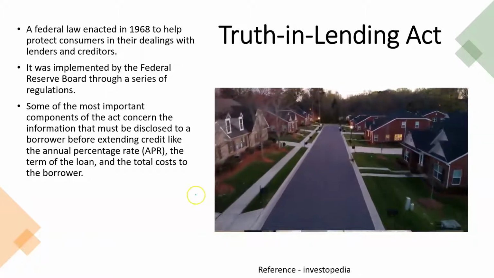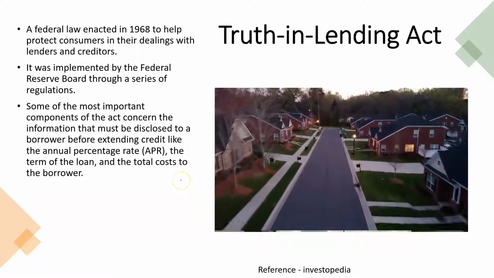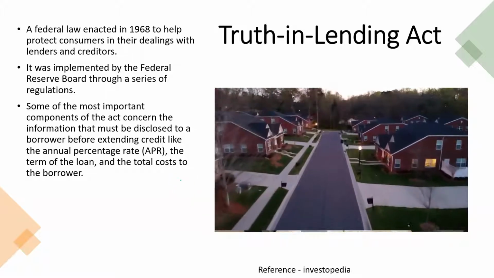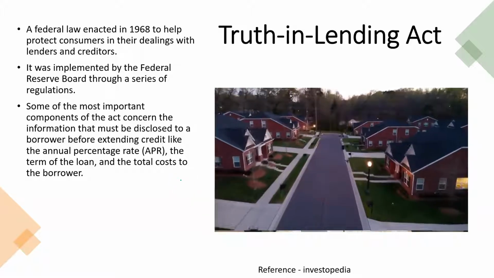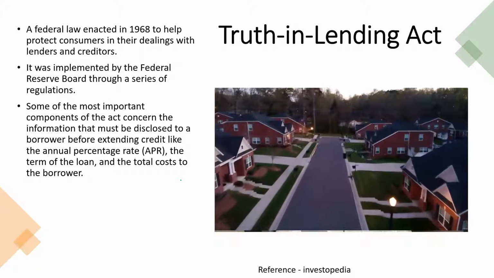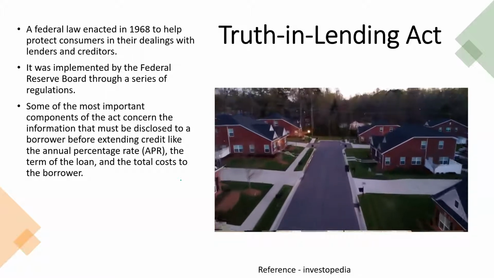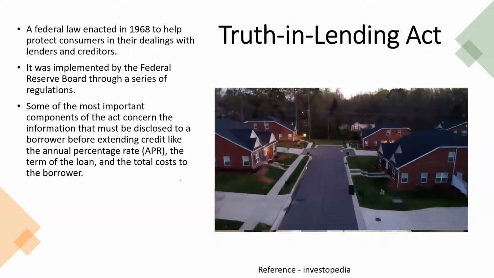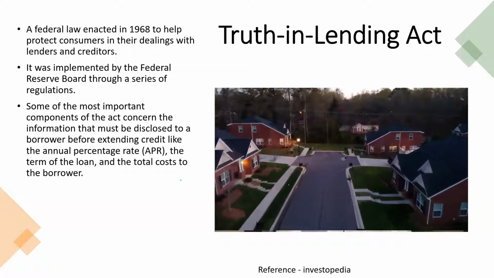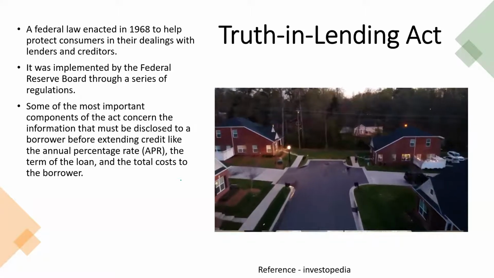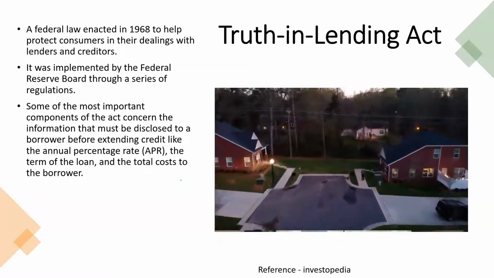Now, one thing that could be useful is to try to use the APR, which is a way to give you one number that wraps into one percentage rate both the costs as well as the interest rate.